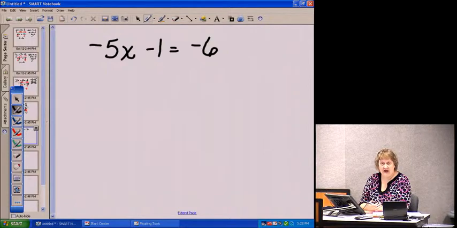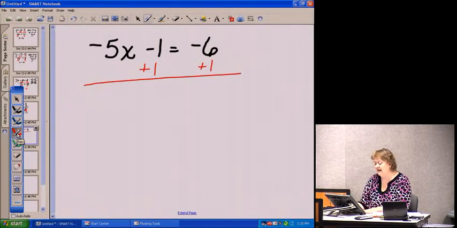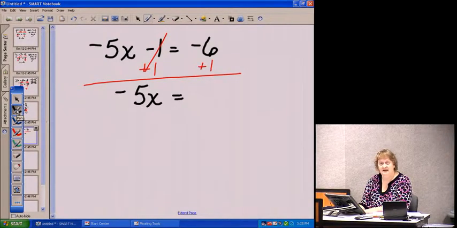Opposite of subtracting 1 is to add 1. So we're going to add 1 to the other side, or move that 1 over to the other side is the other way that you can say that. It then gets rid of it, gets its value onto the other side by making it its opposite. Negative 6 plus 1 then becomes negative 5.